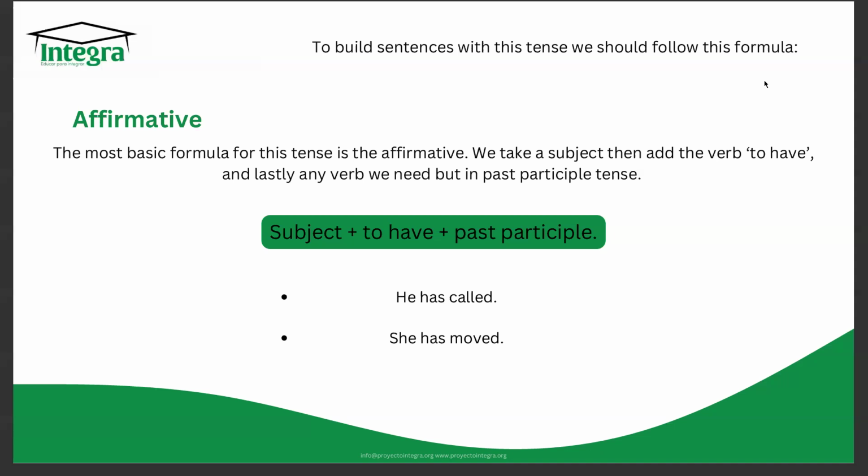Why is it different? Because our subject is he, and so we have to use has instead of have. And then the past participle. The verb is call, but the past participle of call is called with ed at the end. She has moved, same thing. She, subject, has, and then moved, but the past participle of move is moved.